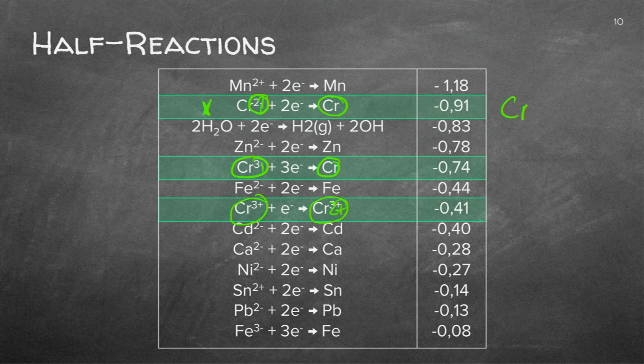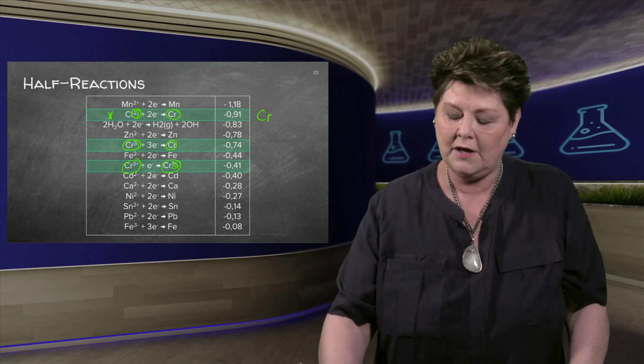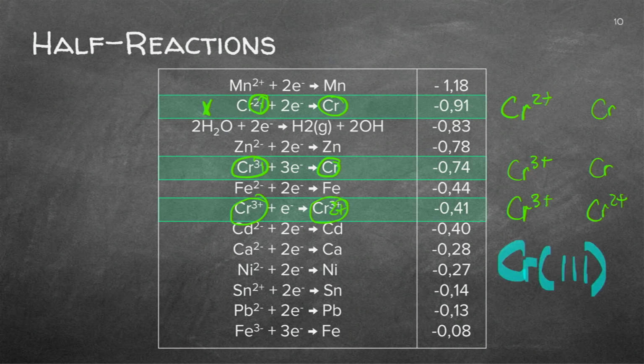The problem is you need to identify the correct one. So I've got here a chromium 2 plus and a chrome. I've got a chromium 3 plus and a chrome. And I've got a chromium 3 plus going to a chromium 2 plus. How am I going to know? Well, you know the stock notation. So you'll either get it like that or you'll get it like that.